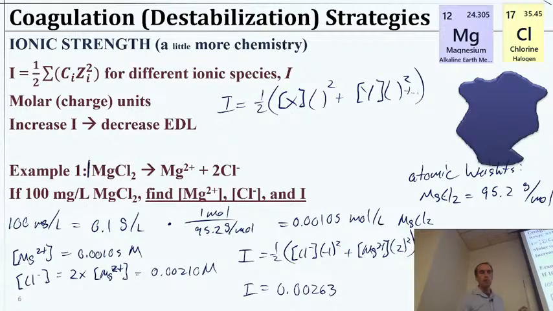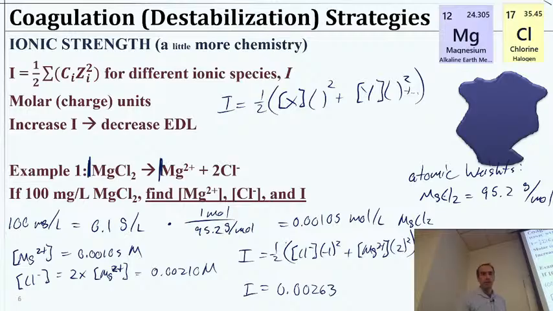We can look at it with stoichiometry, right? 1 here, and 2 here. So that's what we can point to and say magnesium then is exactly the same concentration as the concentration we calculated for magnesium chloride, 0.00105, and chloride is just going to be 2 times that. So it should be 0.00210, if I did that math correctly.